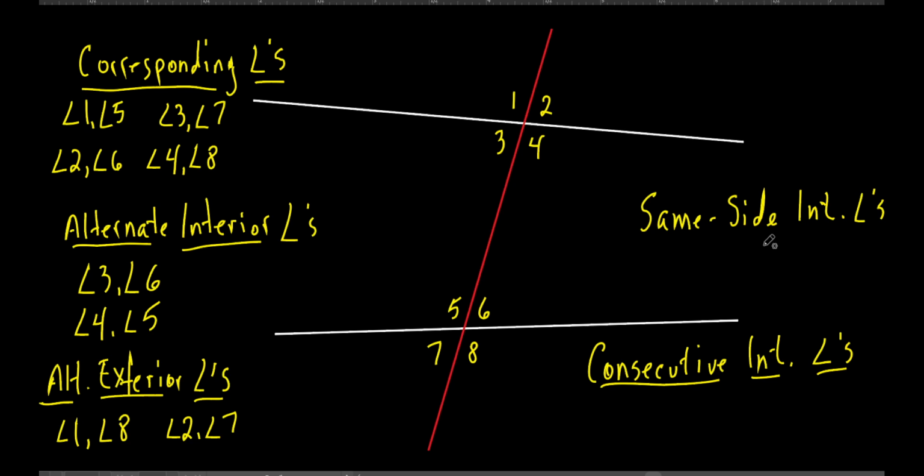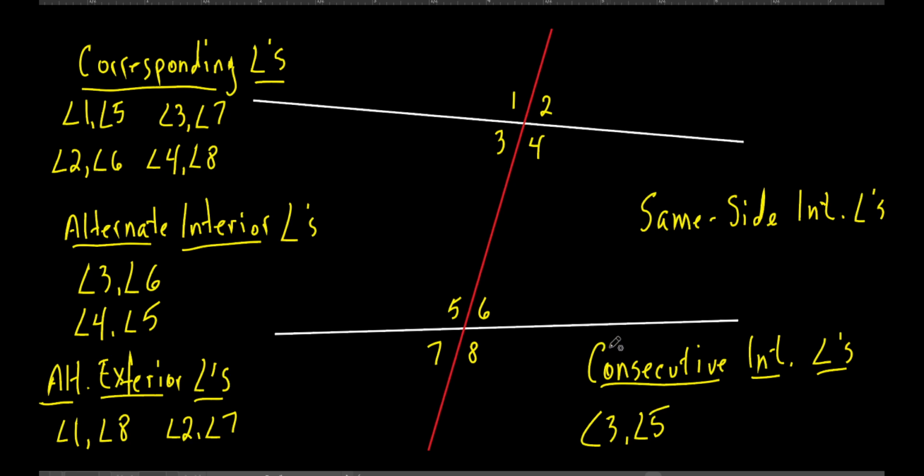So which ones are on the same side of the transversal and are interior? 3 and 5, very good. Everybody see that? 3 and 5 are on the same side. They're both on the left side of the transversal, okay? And they are interior angles. Everybody got that? So angle 3, we'll put it down here. Angle 3 and angle 5.